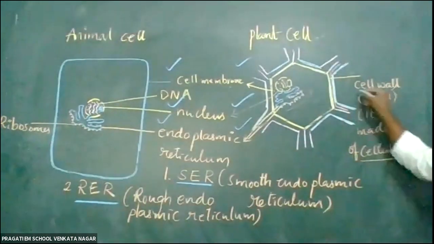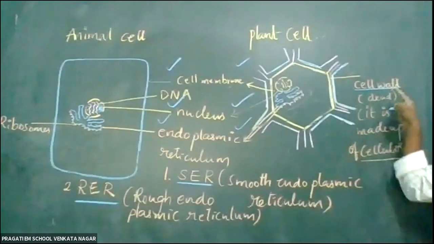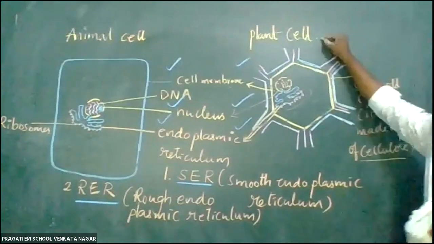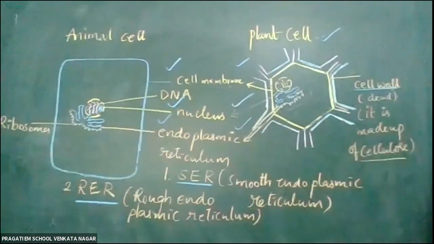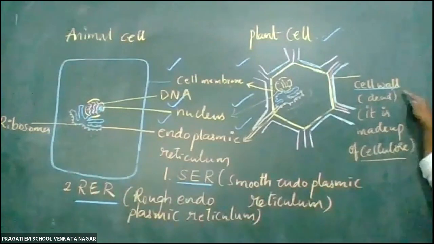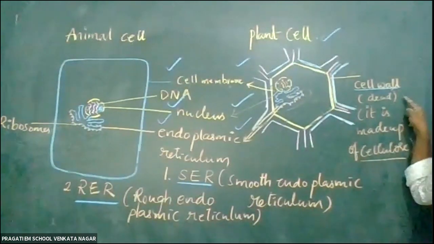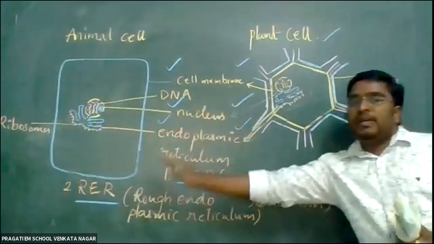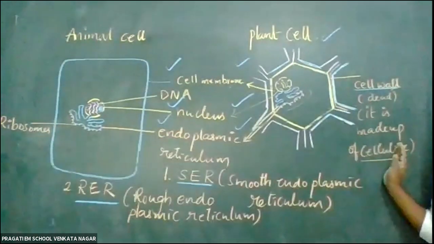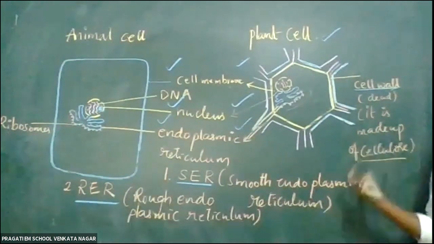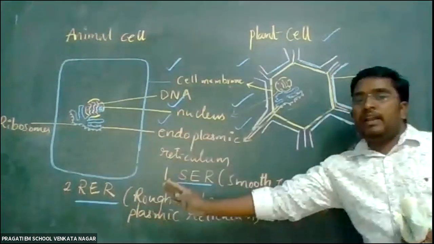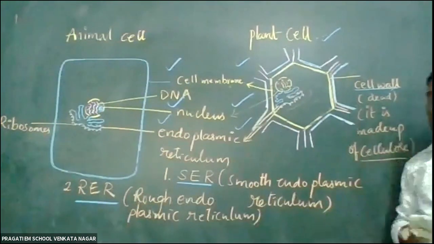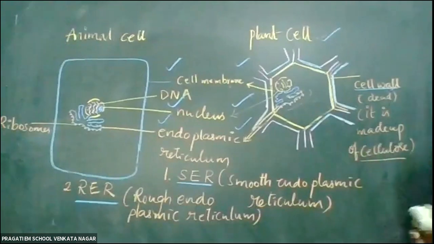But cell wall is a structure present only in plant cells. That is the main basic difference between animal cell and plant cell. Next, we move on to see another cell organelle.